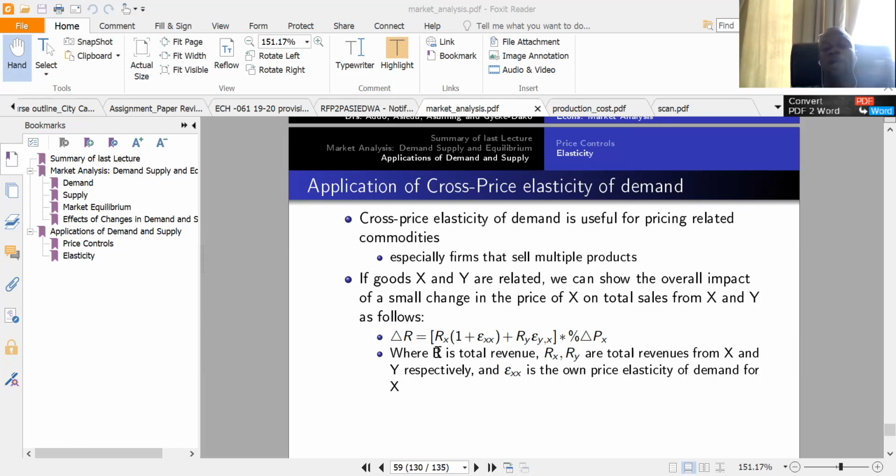R is the total revenue, Rx and Ry are total revenues from goods X and Y, EXX is the own price elasticity, and EYX is the cross price elasticity.